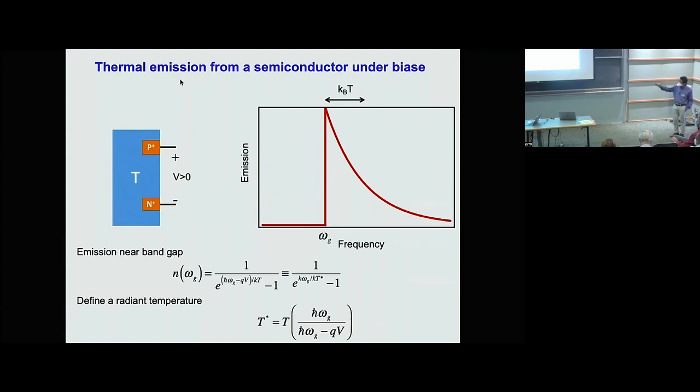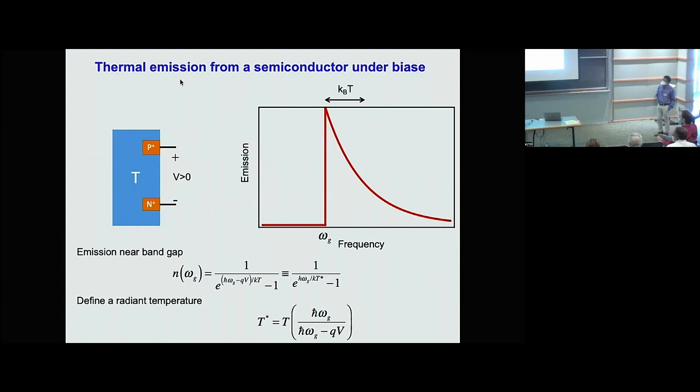So you can look at the occupation number immediately at the band gap frequency. When you do that, this is the standard Bose-Einstein form. But you can say, well, what is an equivalent system of a thermal emitter that would have the same occupation number? When you do that, you get rid of the chemical potential, but you define an effective temperature, or a radiant temperature.